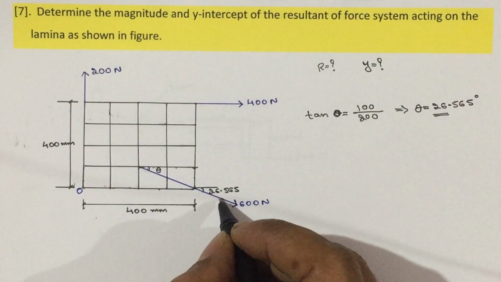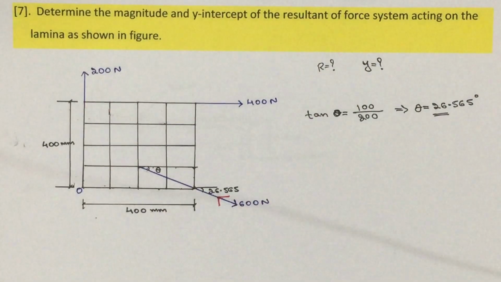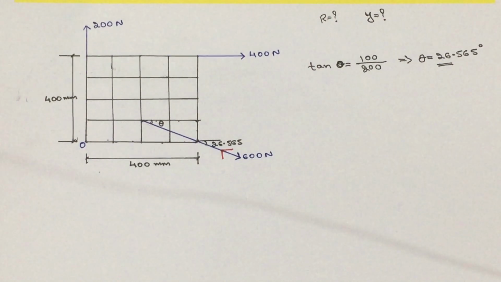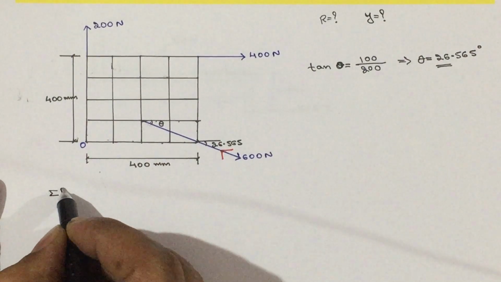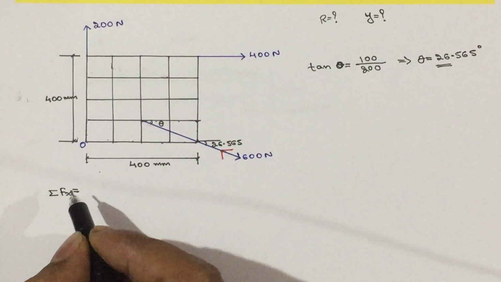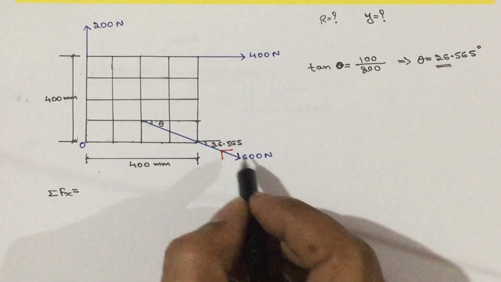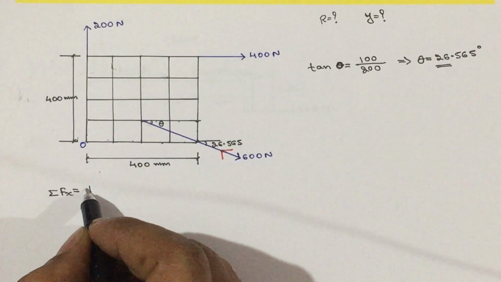Behind the arrowhead, draw a nearby horizontal and a nearby vertical line. Then calculate sigma fx and sigma fy. Sigma fx is given by only the horizontal forces and horizontal components. I will start from this one. Here the horizontal component is going rightward, so positive.